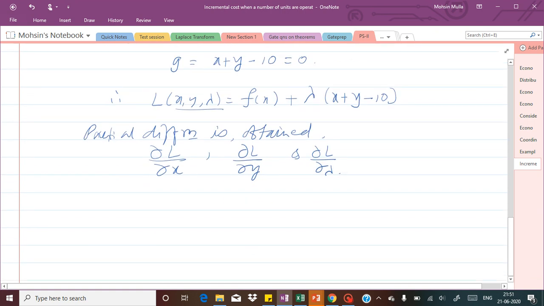When we do that partial differentiation, we will get three equations, solving which we will be able to determine the values of x, y, and lambda, which will satisfy the economic condition or that optimal condition.